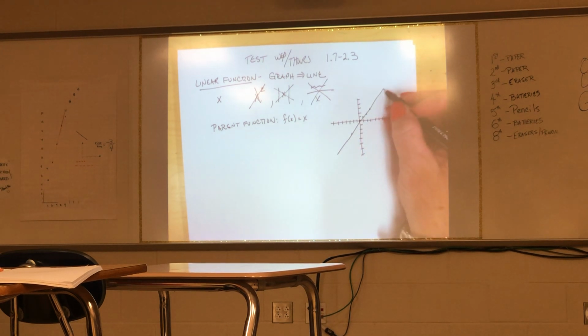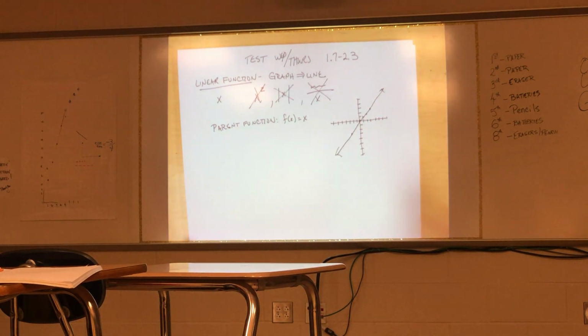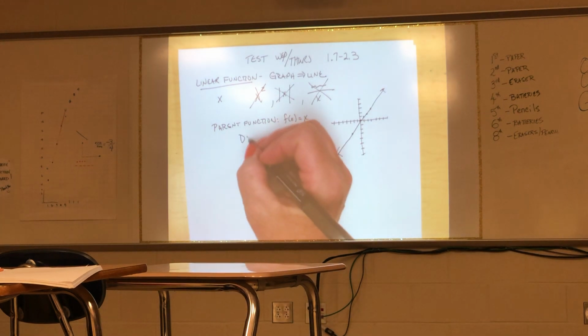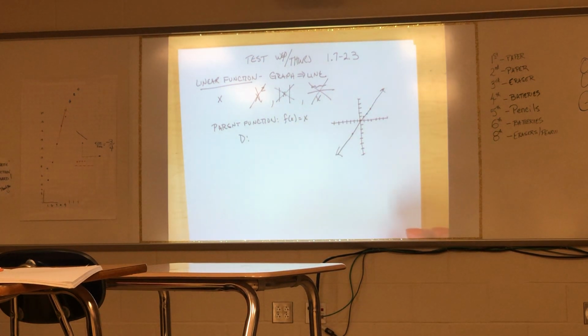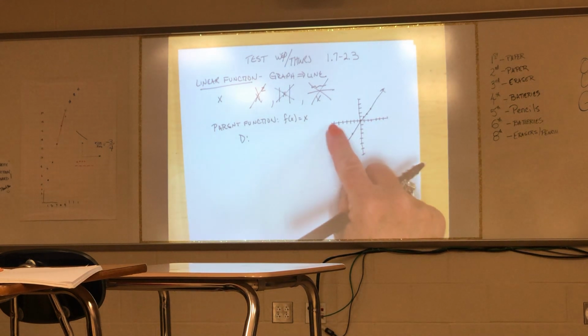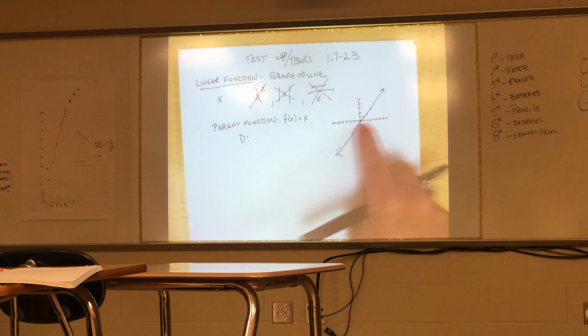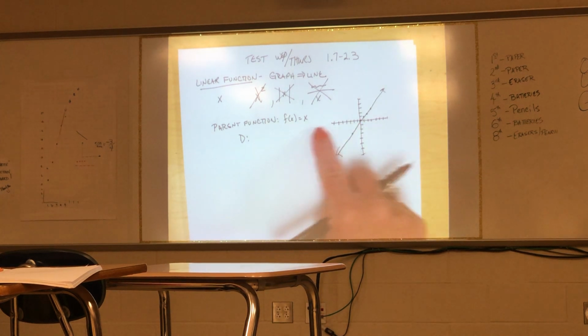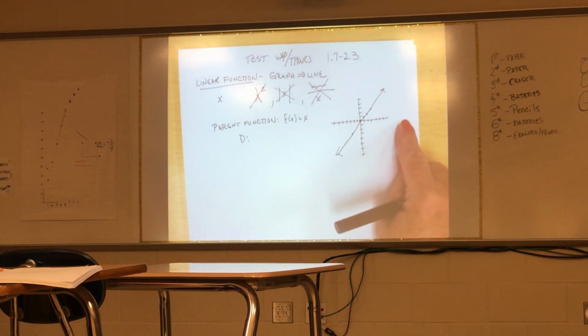Are you with me? Let's talk about the domain of this function. I'm going to write it in interval notation. When I'm talking about the domain, I'm talking about the x's. So I'm going to read my graph from left to right, which is natural because that's the way we read.